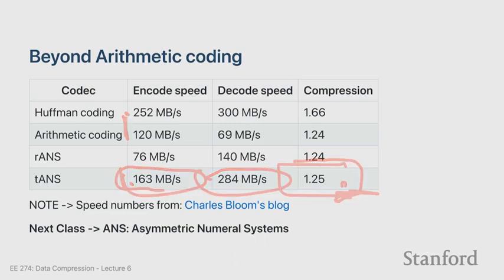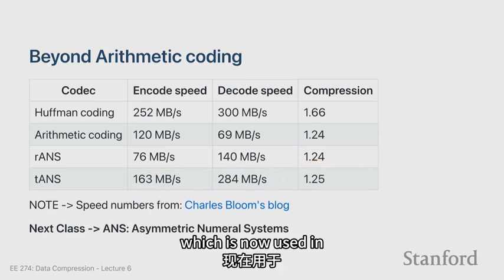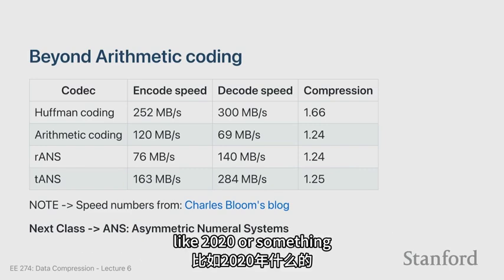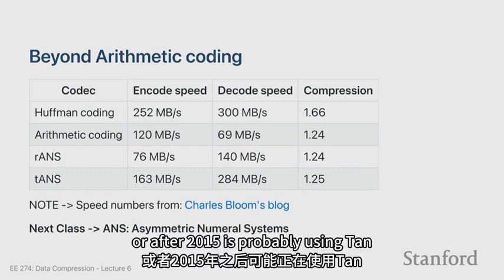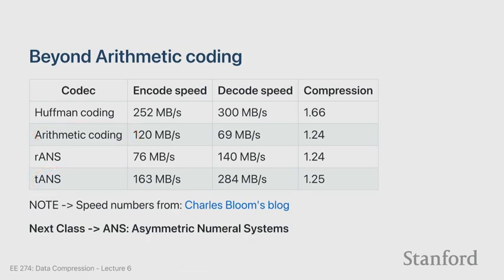It is now used in basically every codec or compressor built after 2015 or so, instead of arithmetic coding, because of the high speed it offers.